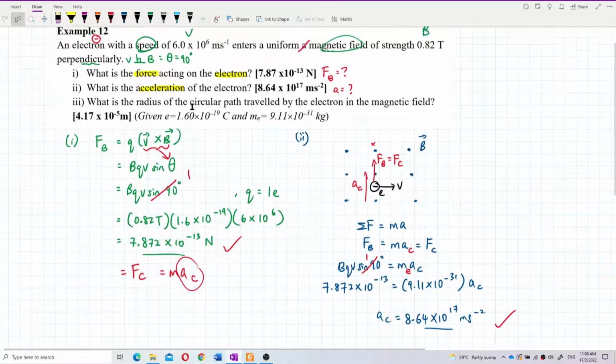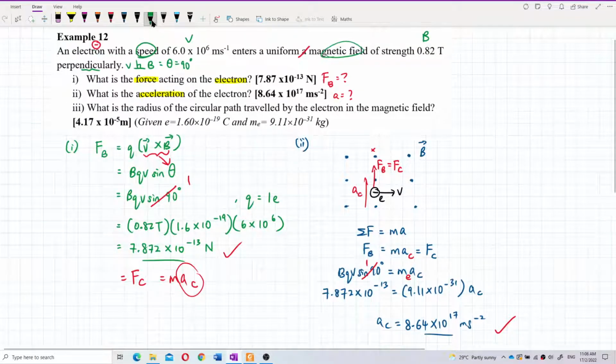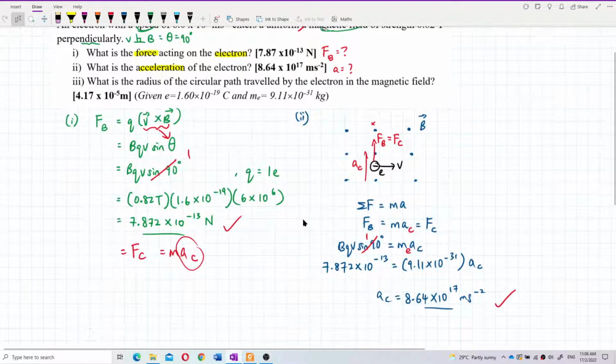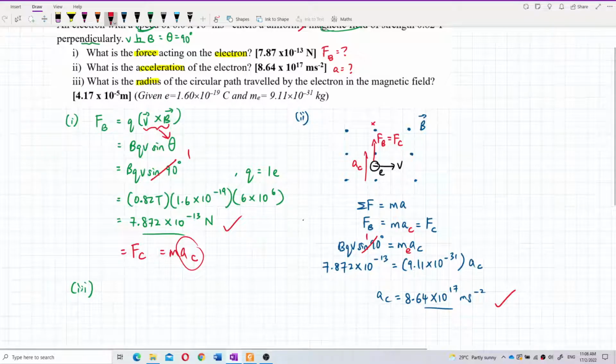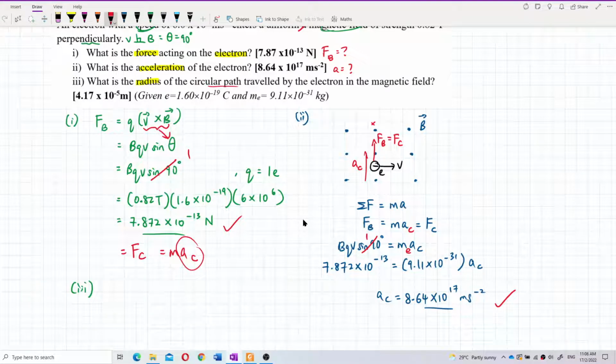Now question 3. What is the radius of the circular path traveled by the electron?